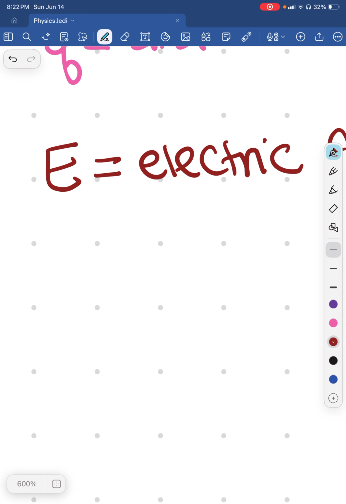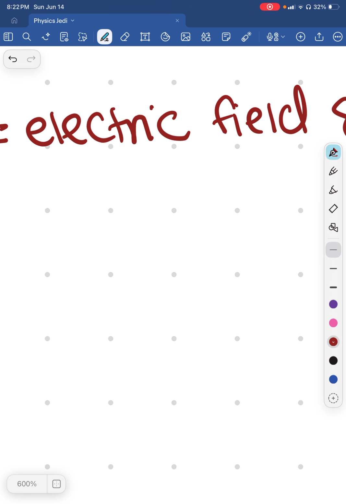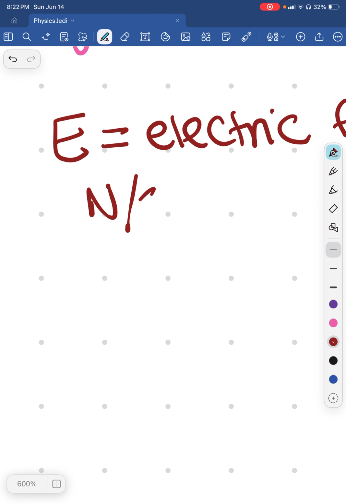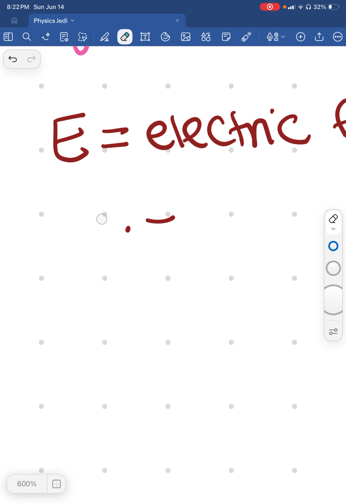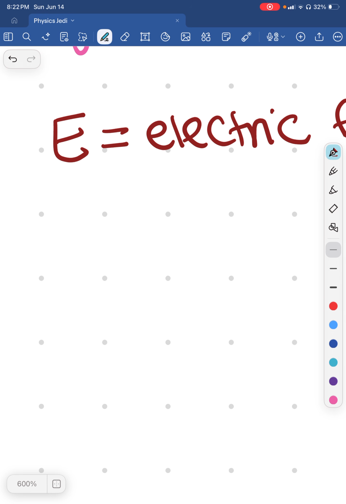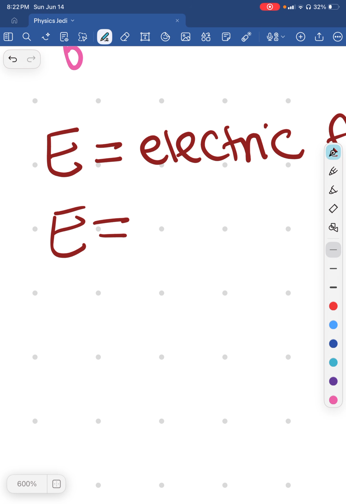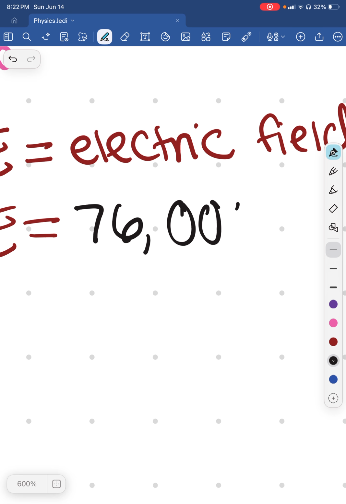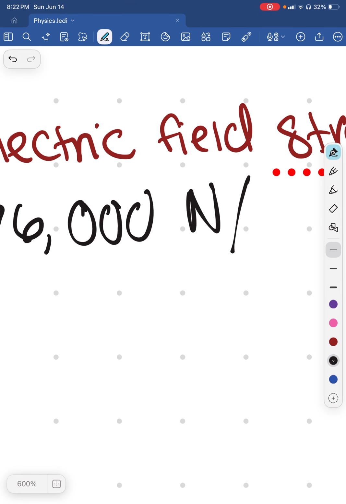The SI unit that we're going to use for electric field is newtons per coulomb, which is represented using N/C. We are given E, which is equal to 76,000 N/C.